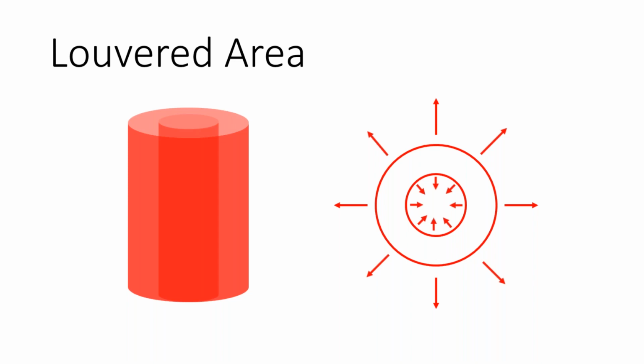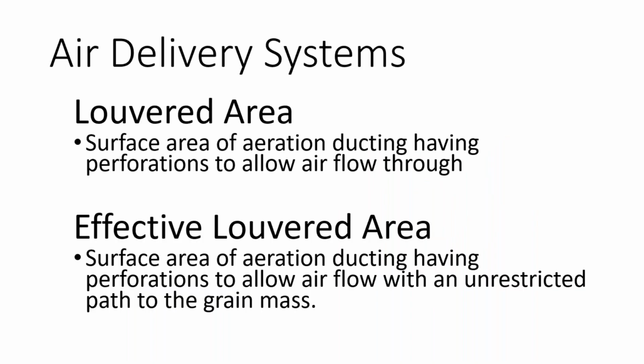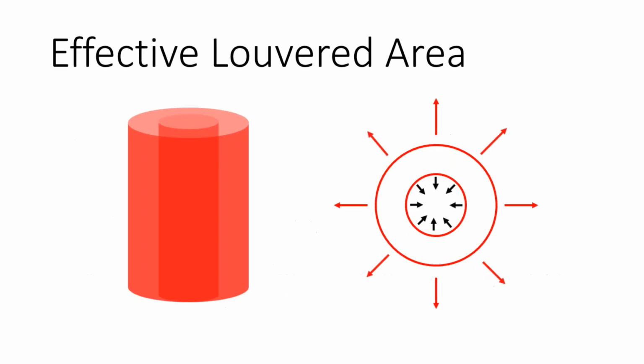Now, this all is considered louvered area, but what I want to introduce is the term effective louvered area, and I'm going to refer to that as ELA on my diagrams. The definition is the surface area of aeration ducting having perforations to allow airflow with an unrestricted path to the grain mass. There's an important differentiation there, in that you are just counting the louvered area that is going directly into the grain.